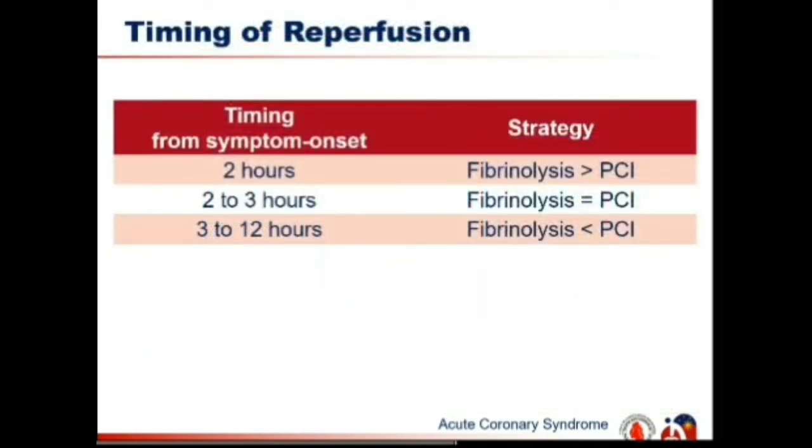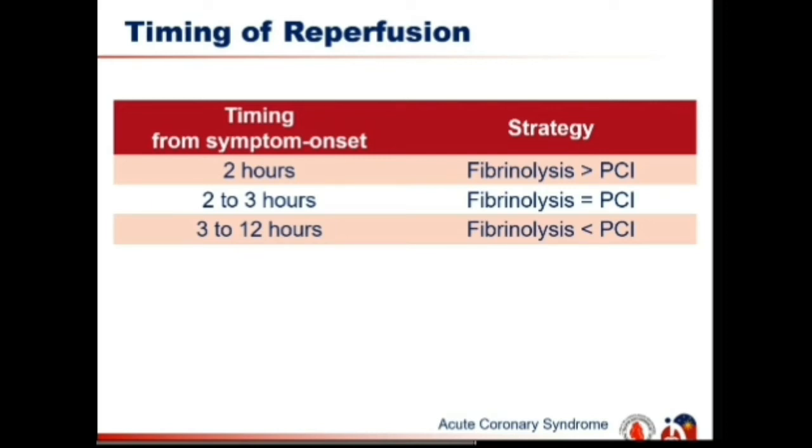In terms of benefit, studies have shown that if a patient with ST elevation acute coronary syndrome presents at the ER within 2 hours of symptom onset, fibrinolysis is more effective than percutaneous coronary intervention or PCI. If a patient arrives at the ER within 2 to 3 hours of symptom onset, the benefit is similar for both fibrinolysis and PCI.